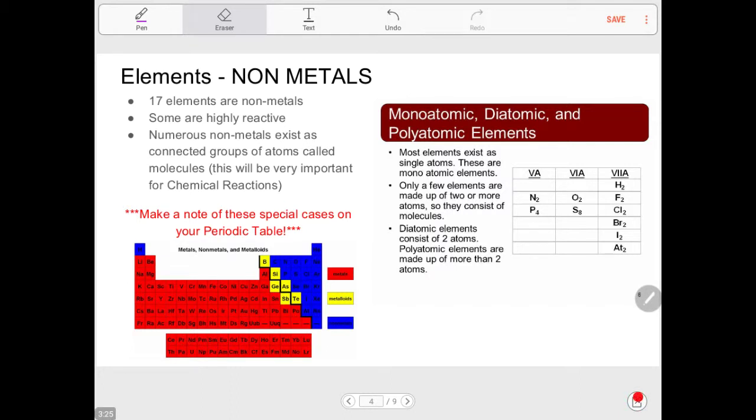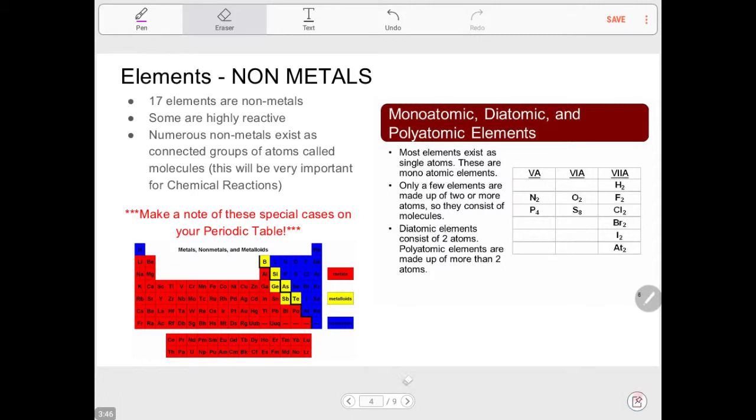If you could look at one molecule of sulfur, it's actually 8 sulfur atoms put together. They come in these various groupings where it's not one single atom. They come in groups. So nitrogen comes in a group of 2, oxygen, hydrogen, so on. Phosphorus is a group of 4, sulfur is a group of 8.